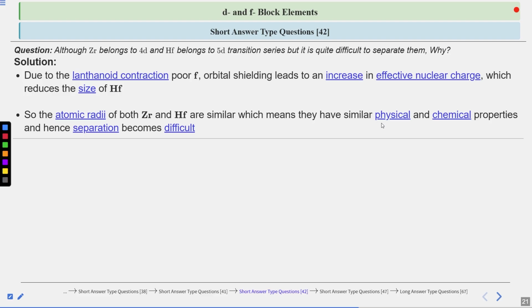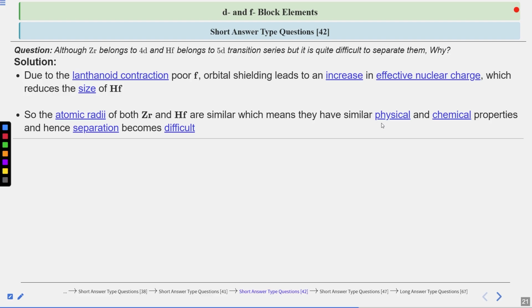Okay, so basically, due to the lanthanoid contraction, there is a gradual decrease in the size of the elements in the lanthanoid series, and also due to the poor shielding effect shown by the f orbital, the outermost orbitals are affected by the increasing nuclear charge, and this decreases the size of the element, that is hafnium.